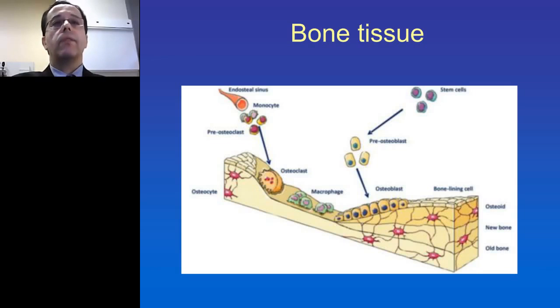As you can see on the left side of the panel, you have osteoclasts that derive from stem cells of monocyte lineage, and those resorb bone.